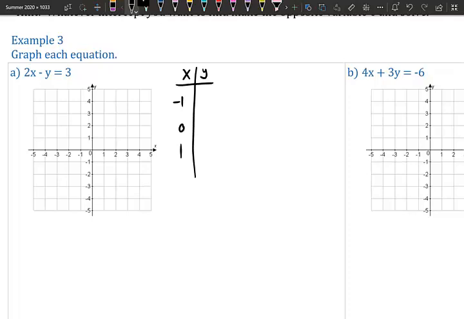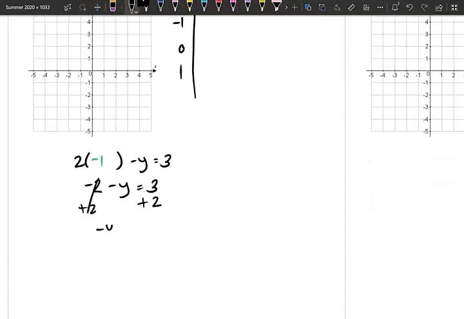So let's go ahead and plug it in because we have x, let's find y. We have 2 times x, which is -1, minus y equals 3. So 2 times -1 is -2, minus y equals 3. I'm going to add 2 to both sides, and we're left with -y equals 5. Now, we're not allowed to have -y, because it's not by itself.